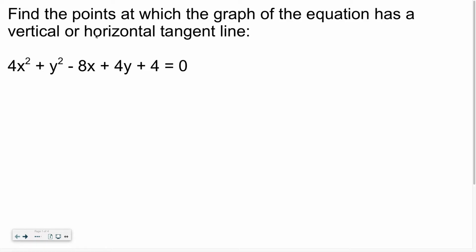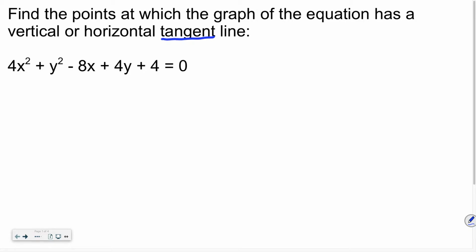So at least write down the problem. I see the word tangent line. We know we need a derivative.